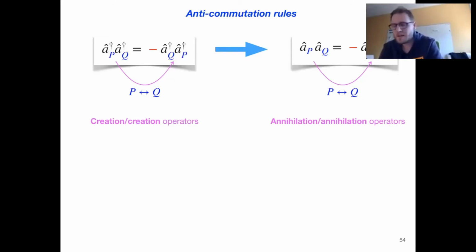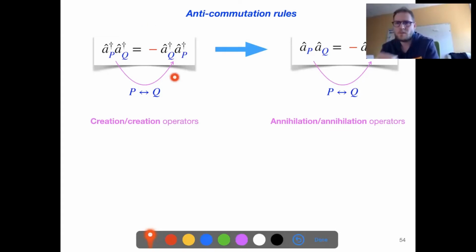If you have the anti-commutation rule that is fulfilled by the creation operators, which I explained before, mathematically you need to have exactly the same property for the annihilation operators, just by taking the adjoint of this equality, okay? So basically the same relation is fulfilled by the annihilation operators.